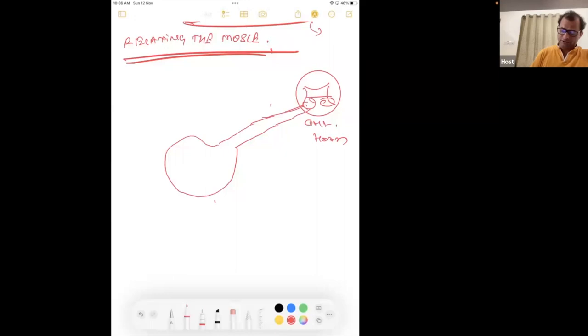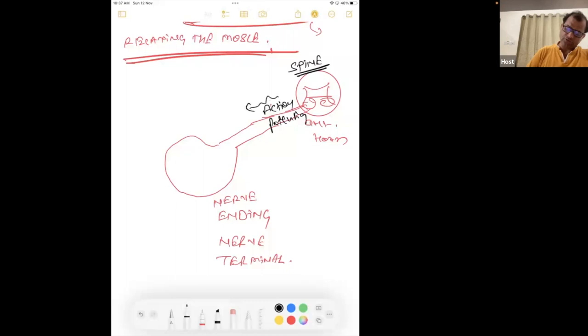So from the anterior horn of the spinal cord, the action potential is coming in the form of electric signal, right? Then it's reaching the last part of the nerve.